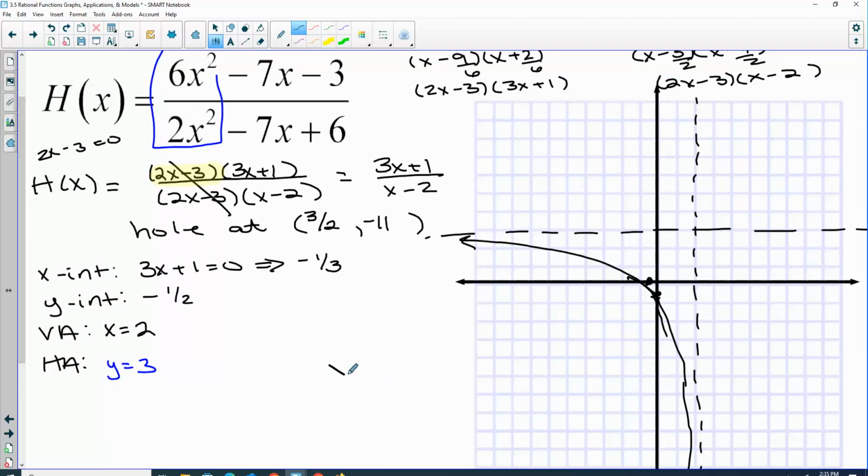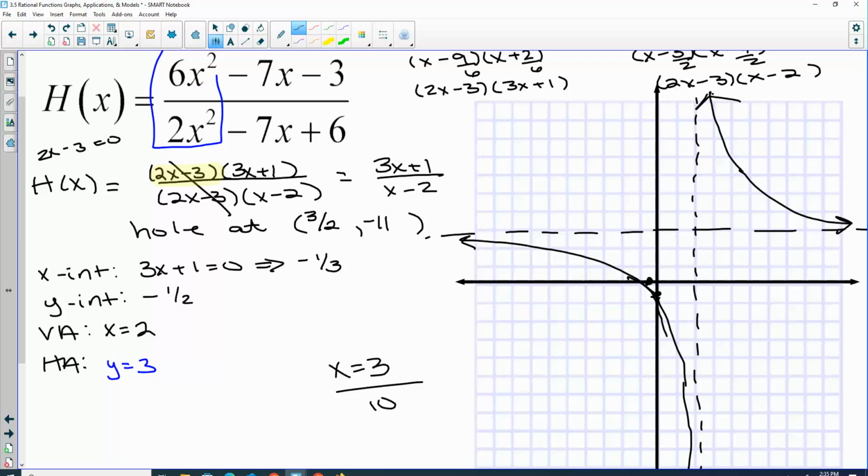So if I put in, for instance, a 3. You can do the original, you can do the reduced. I'll just go with my reduced. So that gives me 10 over 1 or 10. So 3, 10, that means this section is up here. Questions on these?